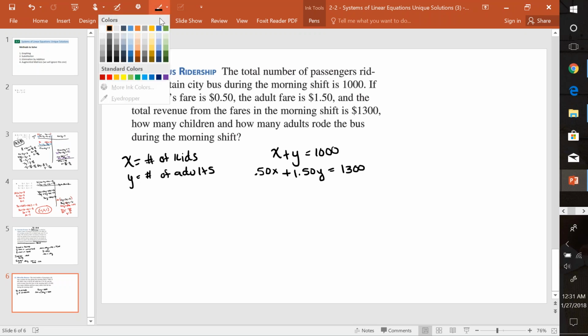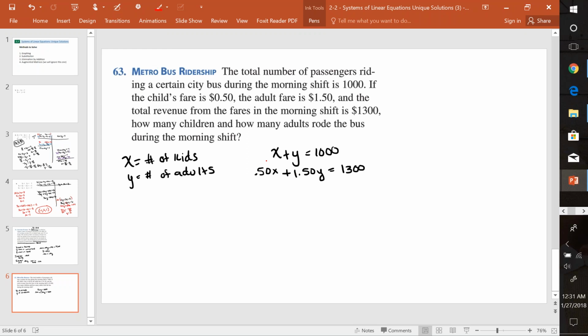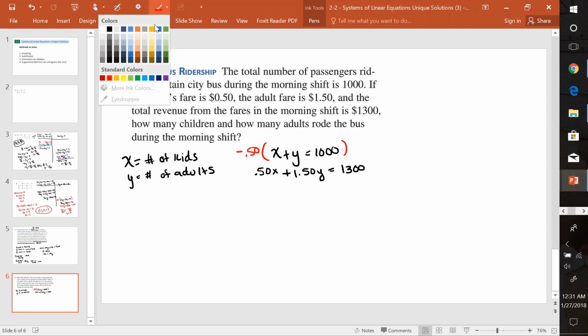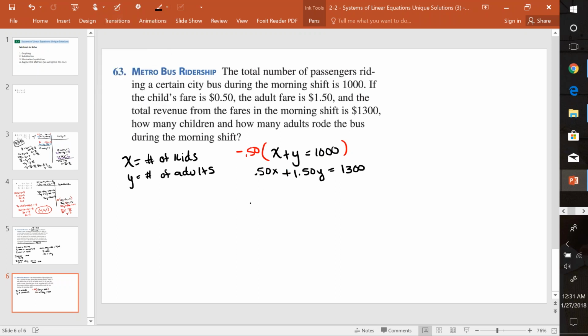If we wanted to do either elimination or substitution, you could do either one. I'm going to multiply this top equation by negative 0.50 to make this X cancel out. So this would be negative 0.50x, negative 0.50y, and that would be negative 500.